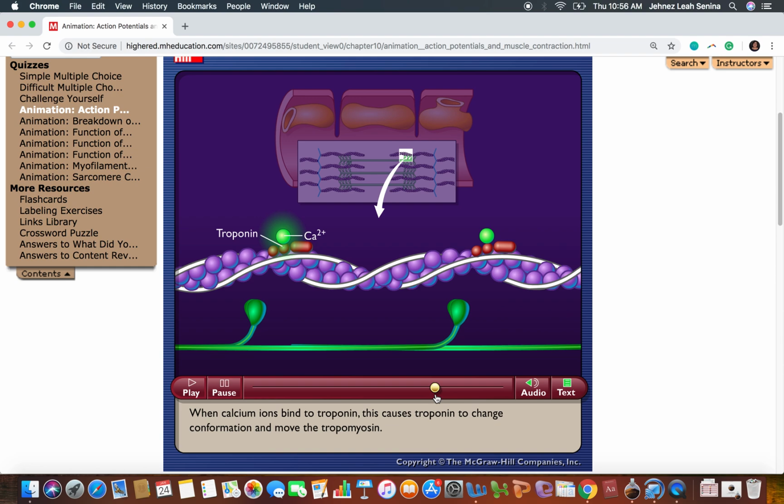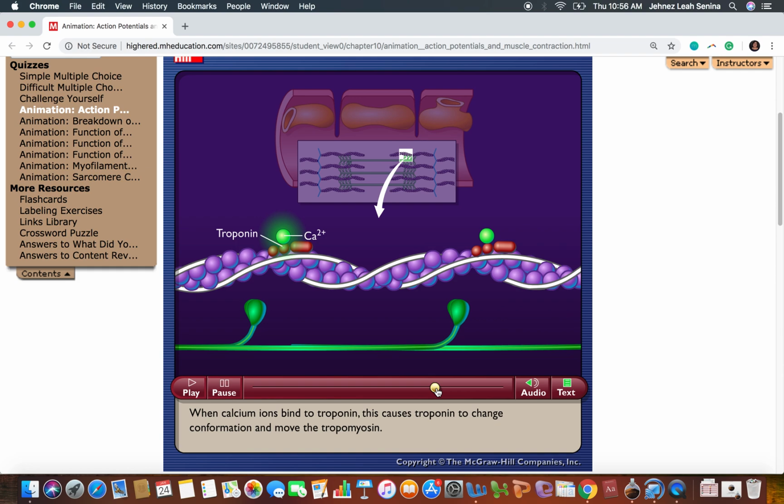This is your troponin, this is your tropomyosin, and then this is your actin. Purple is actin, this thread is tropomyosin, this red subunit is troponin. Now calcium will bind to troponin.